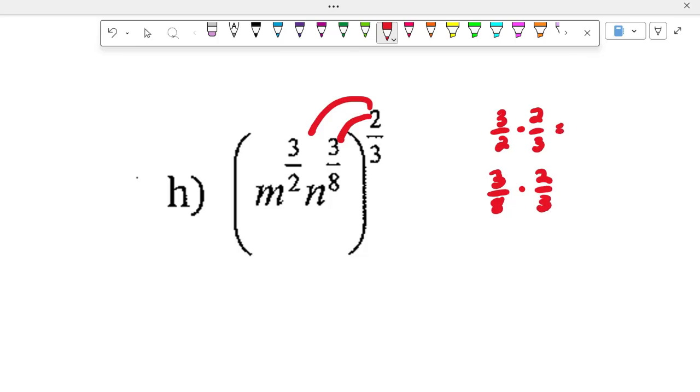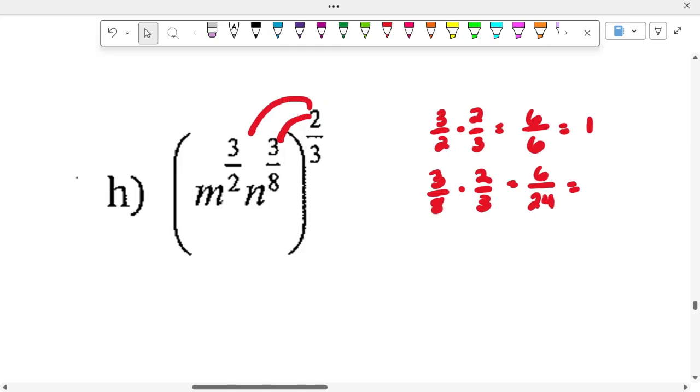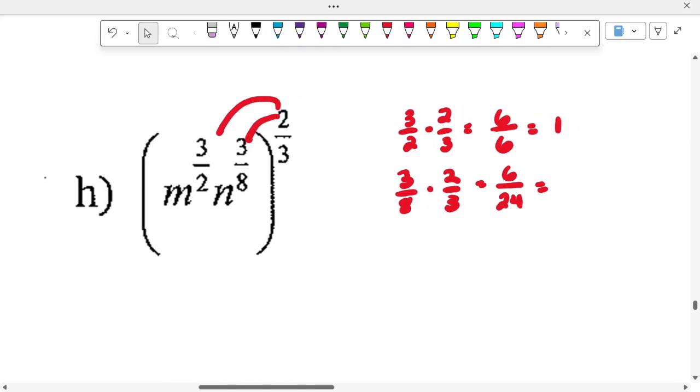And do not say cross multiply, because that's not the answer. Straight across. So this would be 6 over 6, which is just what? 1. This would be 6 over 24, which is what? What can be divided into 6 and 24? 3 or 6. So 1 over 4.